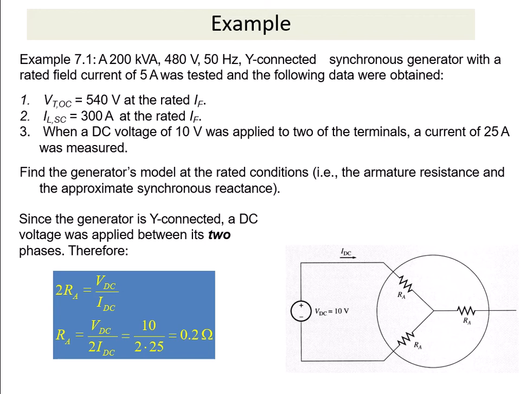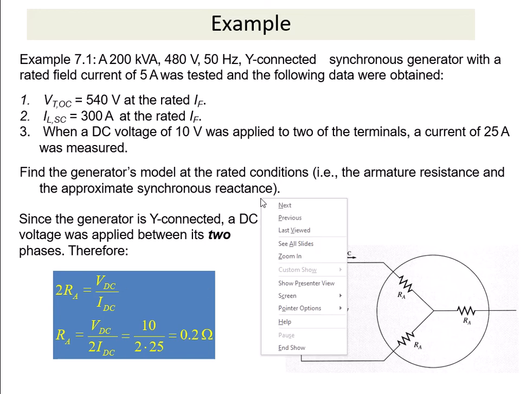This is our generator, star connected, and we have RA. When we connect this DC voltage, the current flows only through these two resistances, as we can also see in the circuit. So we can find RA directly. Whenever we want to find the value of resistance, we can easily find it by using the DC voltage.